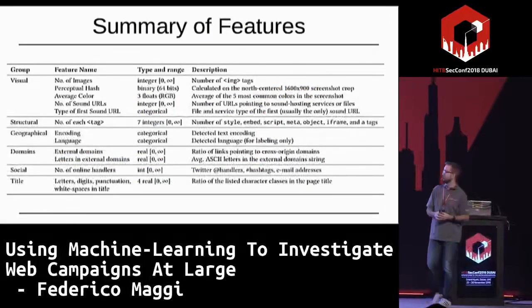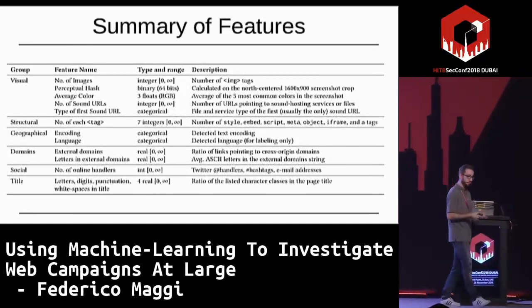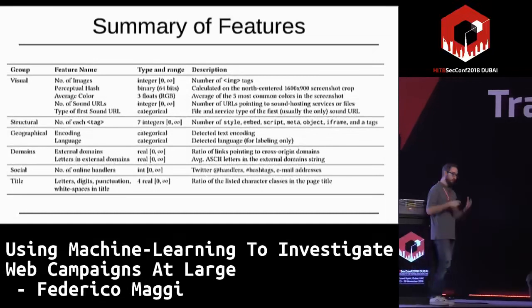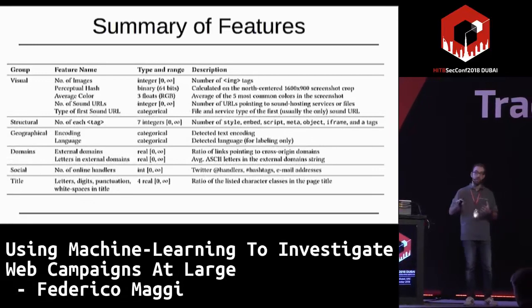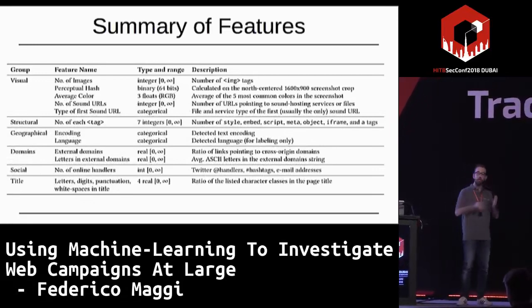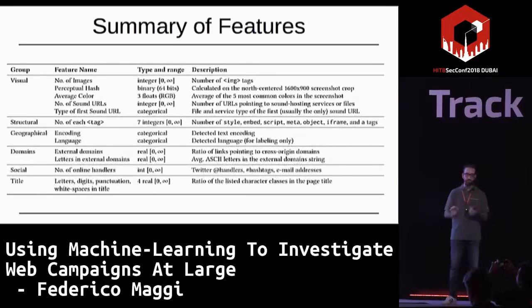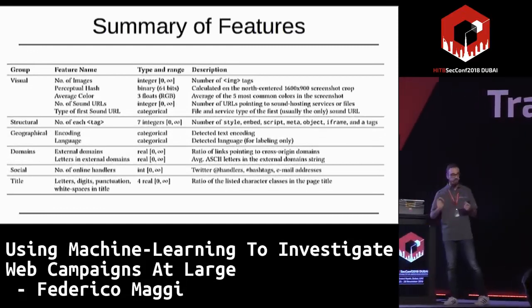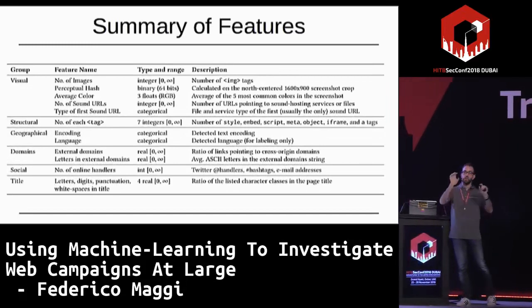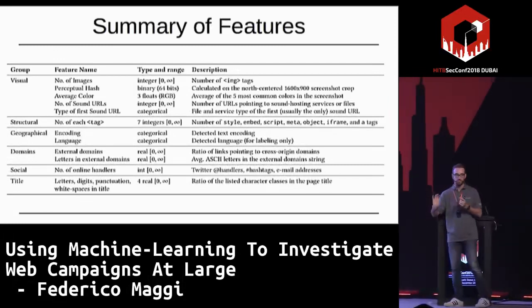So to summarize, here is how we encode all of our features. We have the group of visual features: number of images, the perceptual hash of all the images, the perceptual hash of the screenshot, the average colors. We keep 3 floats, RGB. The type of the first sound URL. This is interesting because we found out that these guys use embedded sounds, or they embed YouTube media or SoundCloud media in the defacement web pages.